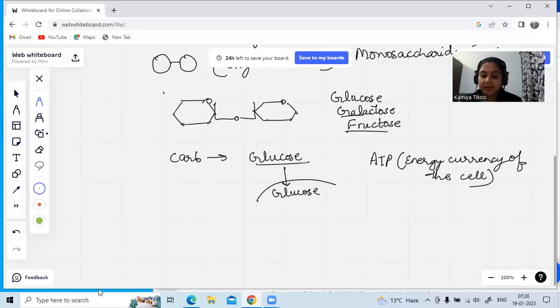Once this glucose enters inside the cell, it undergoes conversion to glucose 6-phosphate immediately with the help of an enzyme which is called hexokinase. Hexokinase is an enzyme which belongs to the family of transferases, and it helps in transfer of phosphate group from ATP.